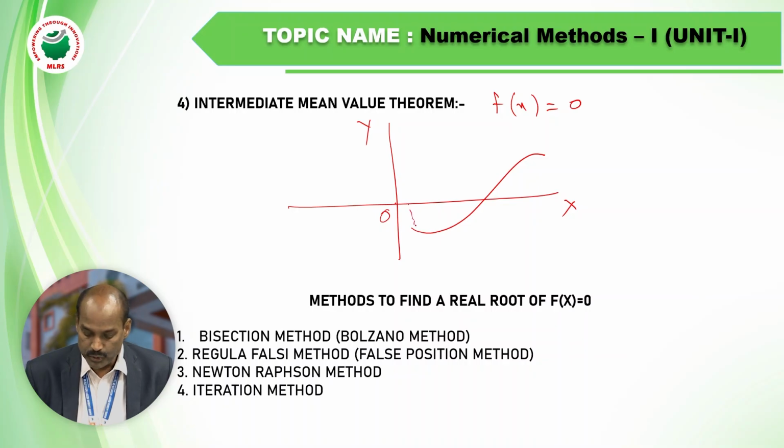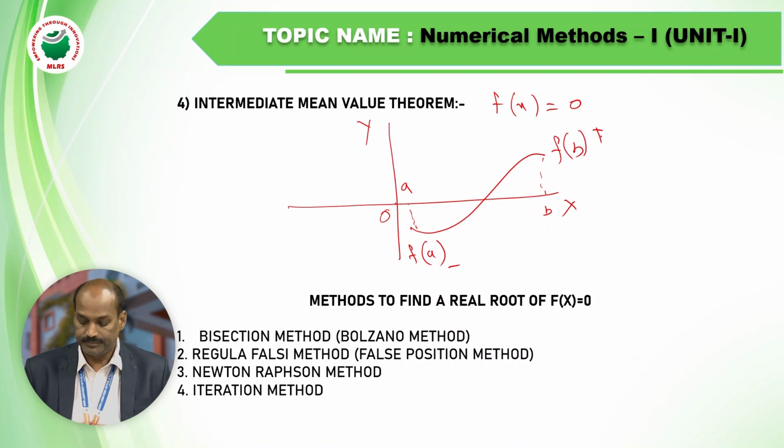You choose any two numbers a and b such that f of a is negative and f of b is positive. So choose any two numbers a, b such that f of a and f of b are of opposite sign.